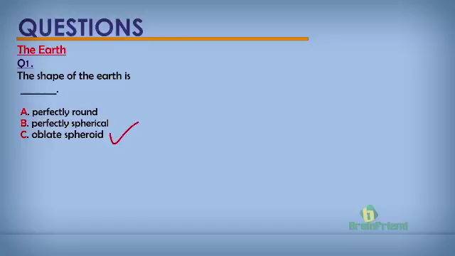The Earth is not round as many people imagine. Neither is it perfectly spherical, but slightly spherical and a little bit elongated at the equators. That is an oblong shape, hence the name oblate spheroid. Let's take our last question.